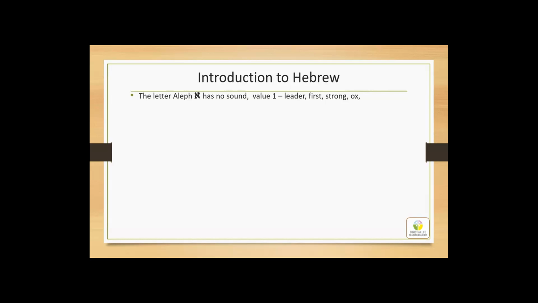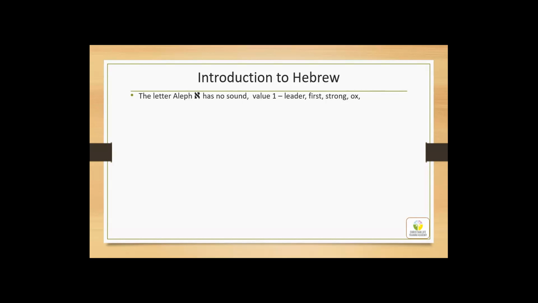It's one of two letters in the alphabet. The Aleph and the Ayin are both soundless. But now let's just look at the Aleph. Its value, everyone has a value, is number 1.